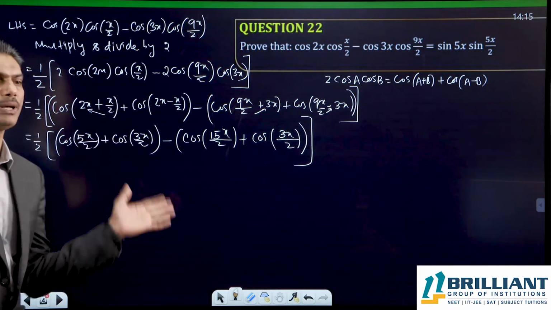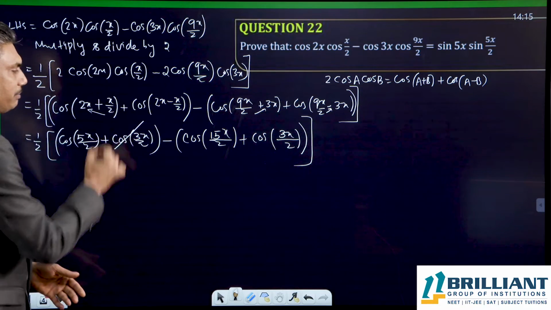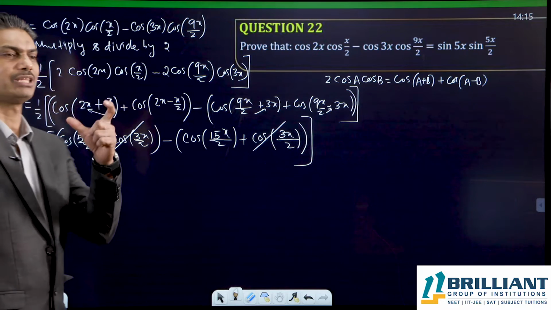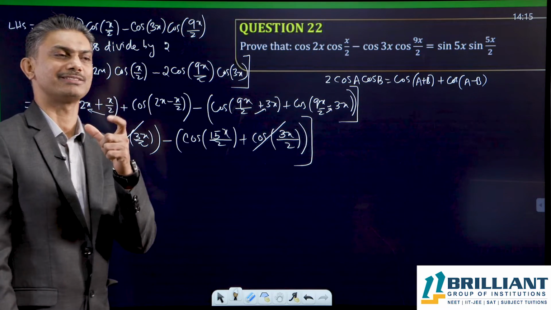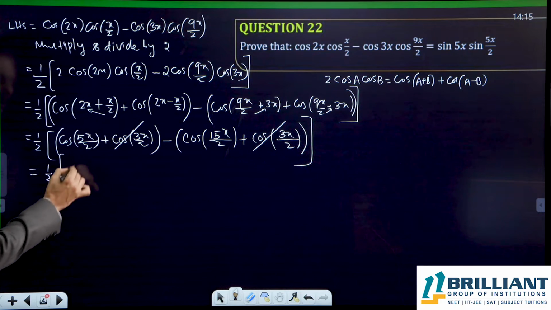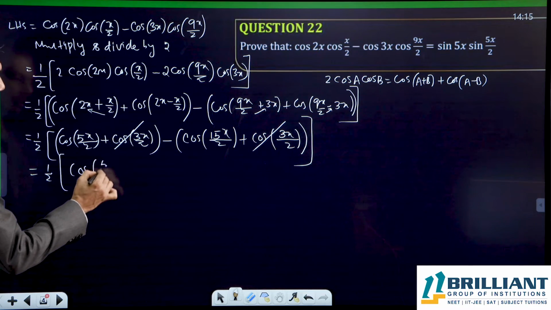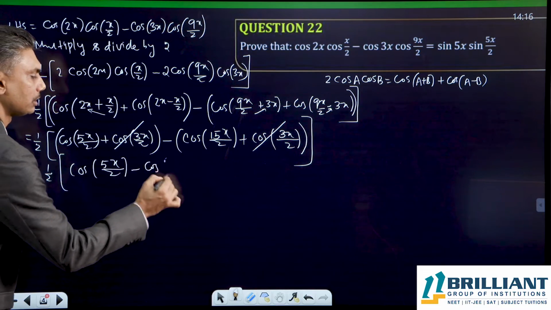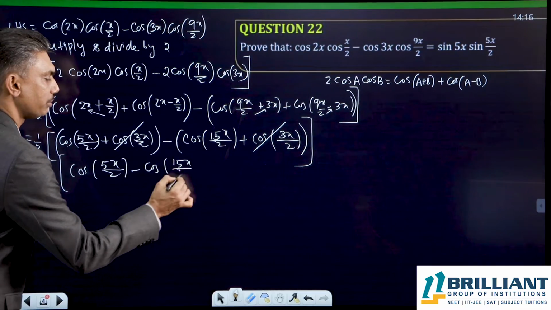Now, you see, if you open the bracket, cos 3x by 2 minus cos 3x by 2 get cancelled. So, what is the balance now? Half into cos 5x by 2 minus cos 15x by 2.